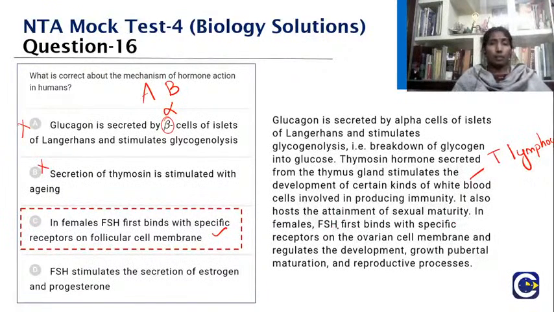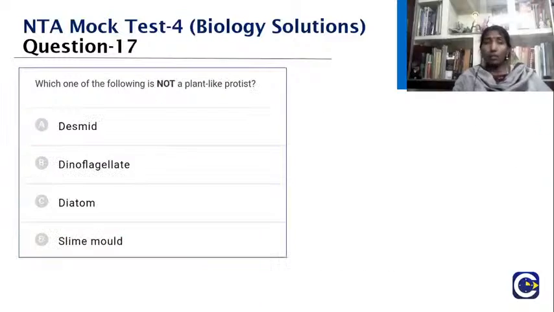In females, FSH binds with the follicle and is needed for follicular development, puberty and maturation. So it is not with the secretion of both estrogen and progesterone. Progesterone comes from the corpus luteum; it is actually LH that stimulates the secretion of both estrogen and progesterone. Yes, very good, you have given the right answer.